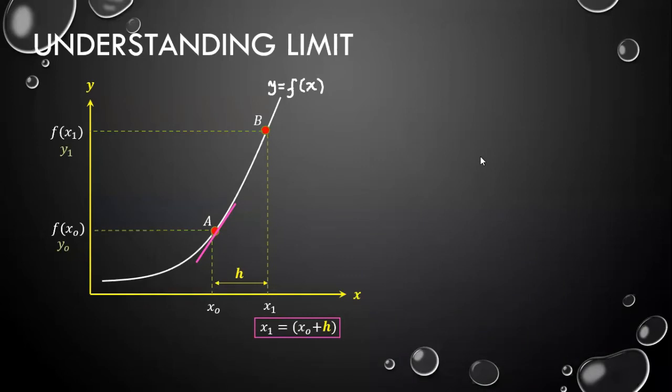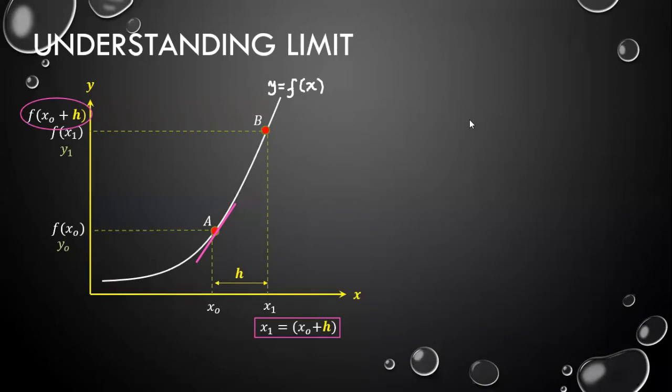Okay, next. Because x1 is x0 plus h, automatically the intersection on the y-axis is f(x0 plus h), right? That's the relation of the x-axis to the y-axis. That's very easy, right?